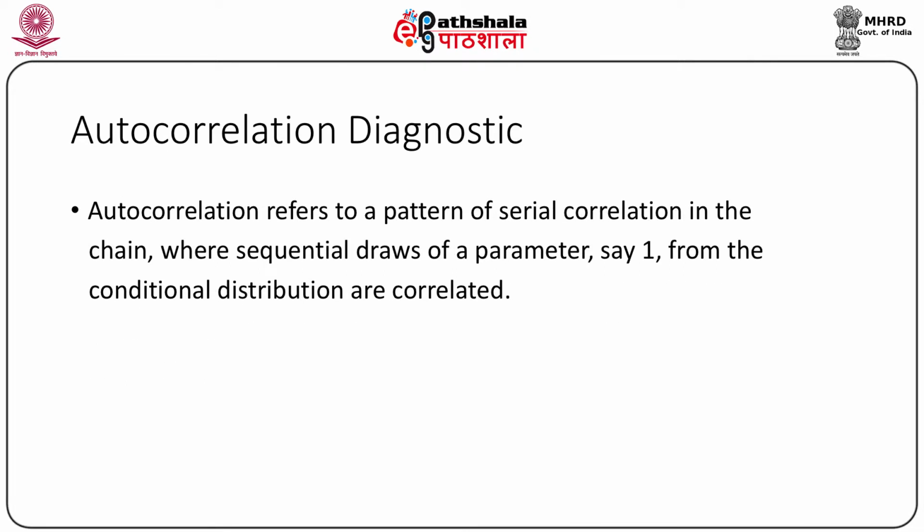Then the next measure we'll talk about is the autocorrelation diagnostic. This comes after the trace plot. Autocorrelation refers to a pattern of serial correlation in the chain, where sequential draws of a parameter, say theta sub 1, from the conditional distribution are correlated.